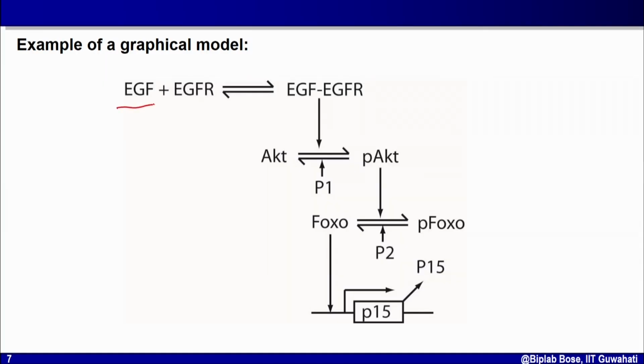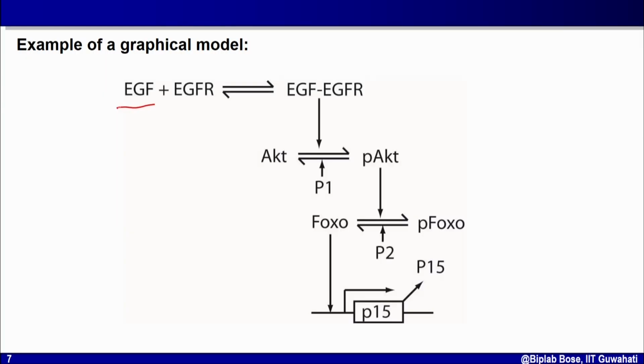And we want to model that. Now from literature we know EGF eventually inhibits and activates multiple processes. And here in this particular case, we want to model how EGF controls a particular inhibitor, P15. P15 is an inhibitor of the cell cycle. So if you have to promote the cell cycle, you have to inhibit that inhibitor. And EGF, that is epidermal growth factor, just does that.